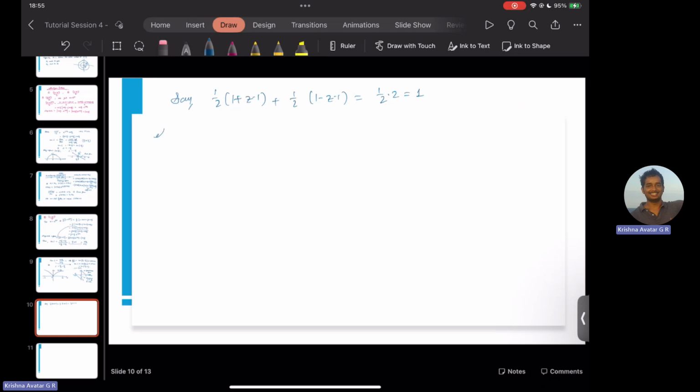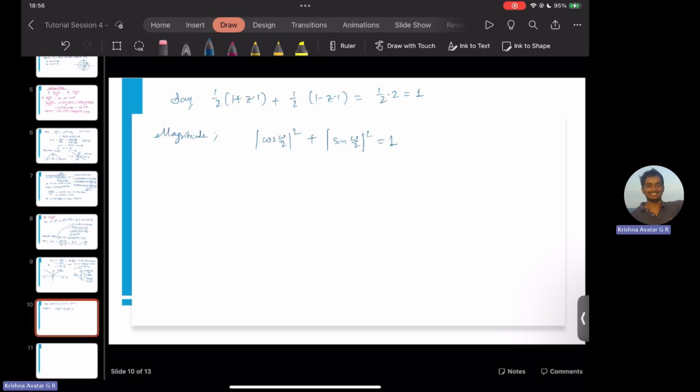Also, when we look at the magnitude response, in the first filter we have cosine omega by 2 as the magnitude, squared, and when you add it to the sine squared, they add up to 1. So these are some of the features.